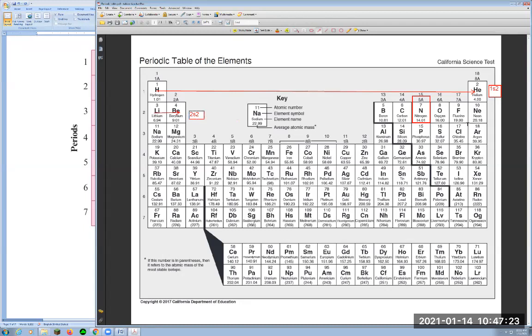And then we go into the p block up to nitrogen. And that adds 1, 2, 3 electrons. So here we are in the 2p3. That ends the nitrogen electron configuration.